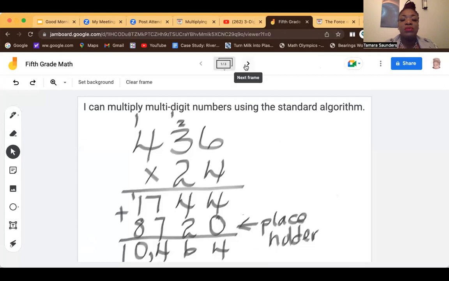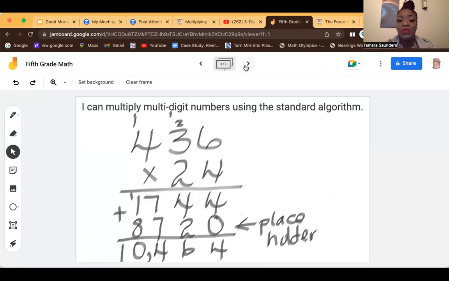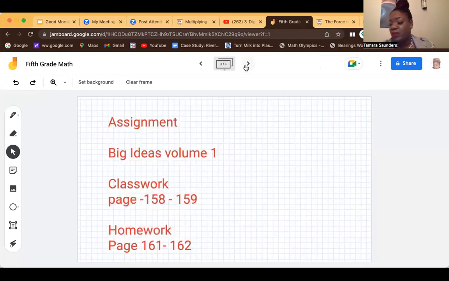All right, so it's time for you to do something to show me that you understood what we have been working on. As I said, you are accustomed to solving math problems where you have 2-digit numbers by 2-digit numbers. We just extended it a little bit, and we now have 3-digit numbers that we're multiplying by 2-digit numbers.